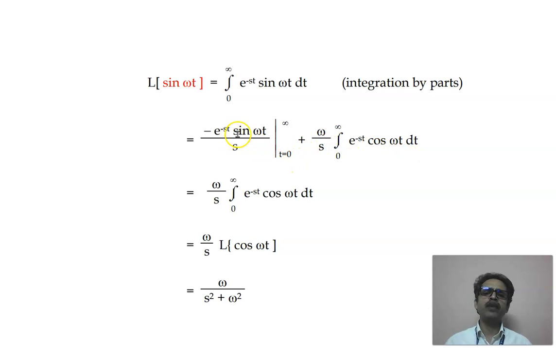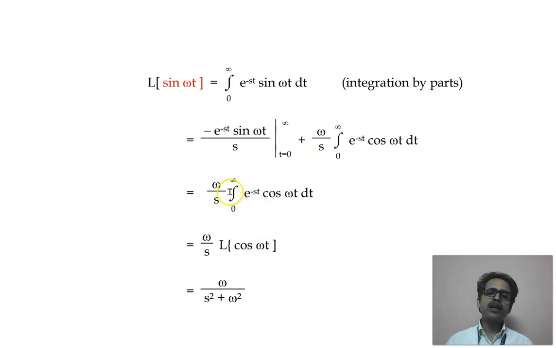But what is the derivative of sin omega t? It is omega cos omega t. Into this, minus minus becomes plus, e raised to minus st. Upon s can be taken outside the integration because s is a constant, and you'll find this kind of step, right?